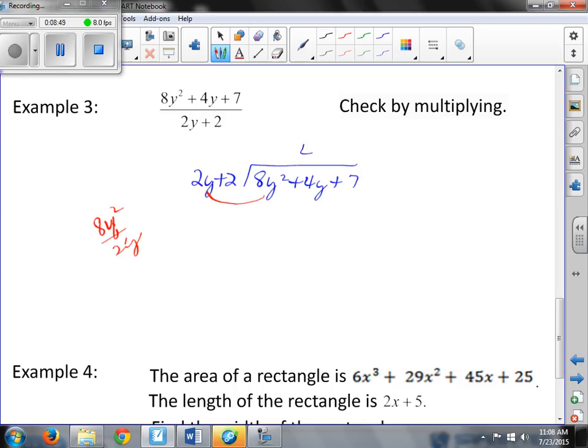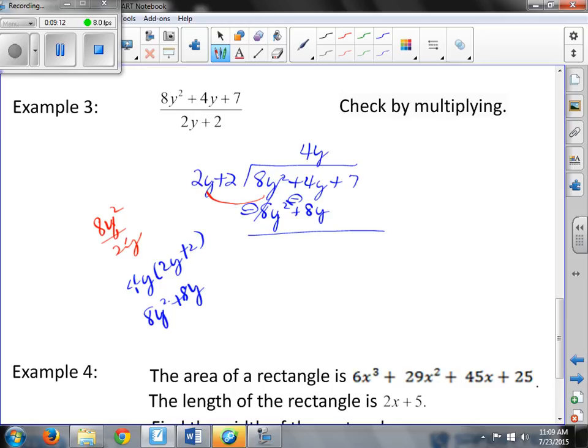It's 4y. So 4y times 2y plus 2 gives me 8y squared plus 8y. Draw the line, change the signs.